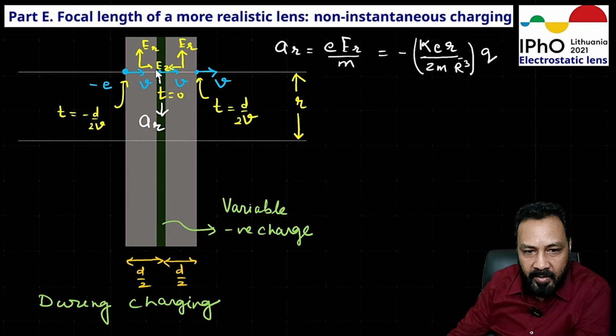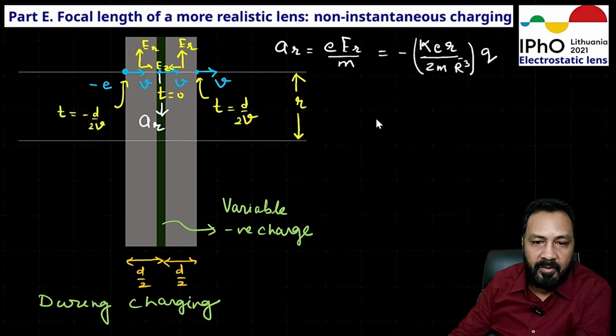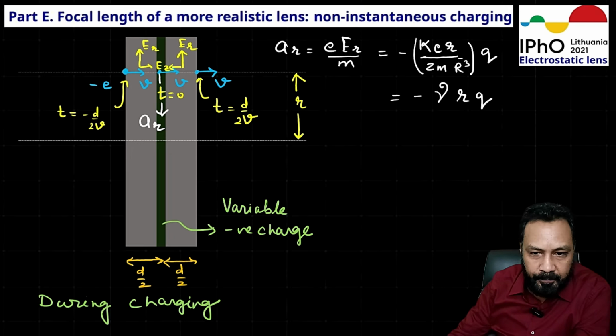That AR is the same way ER by M, and ER is K Q small r by 2 R cube, and E by M is there. This is actually positive because Q is negative. So let me write the whole thing as some gamma, K E by 2m R cube gamma, and that is small r.